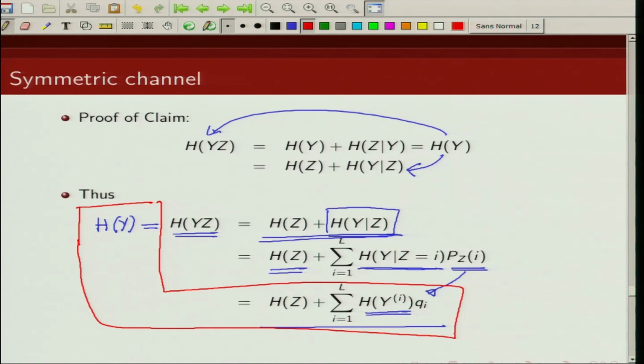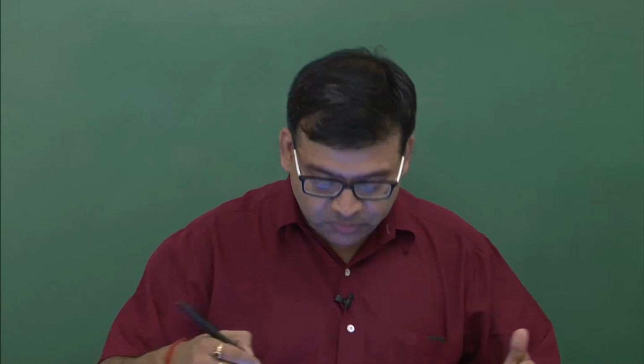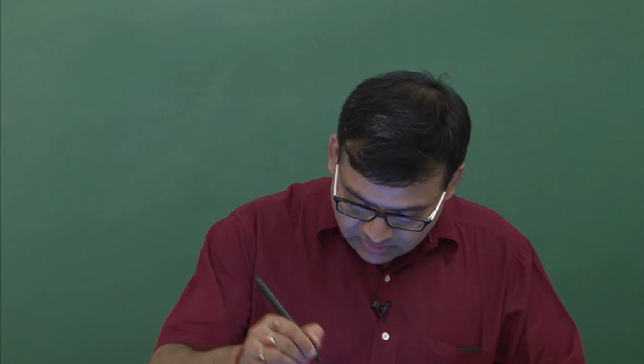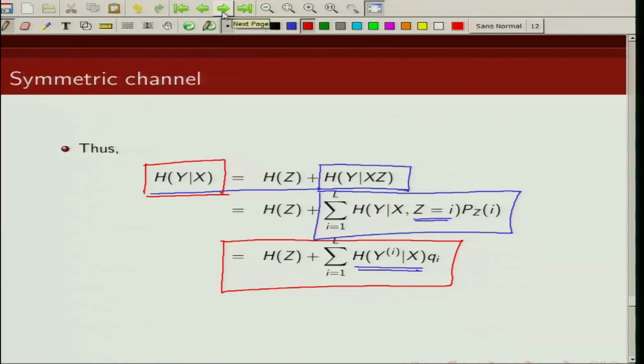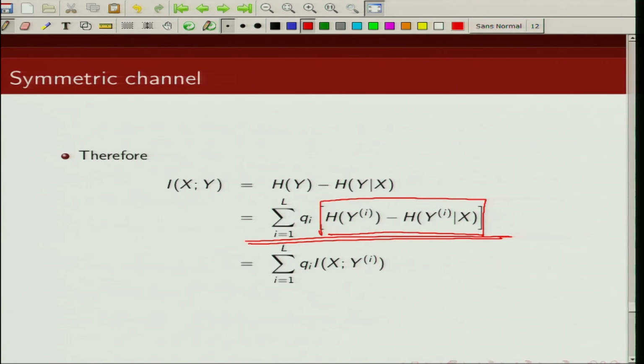right. So mutual information is maximizing h of y minus h of y given x, maximizing over all input distributions. So if I subtract h of y given x from this, h of z is common in both of them, so that gets cancelled out. What is left is this particular term. Now what is this? h of yi minus h of yi given x.